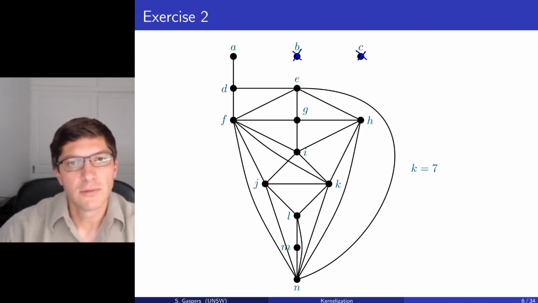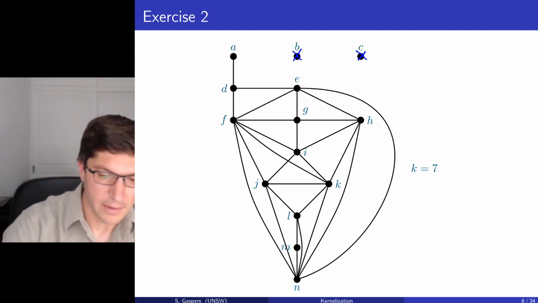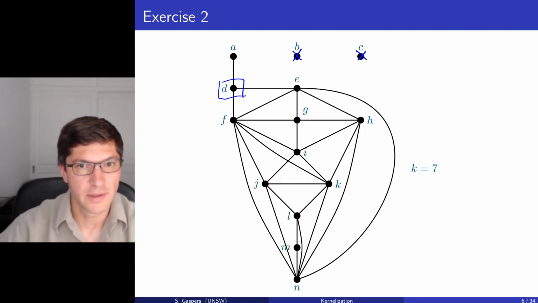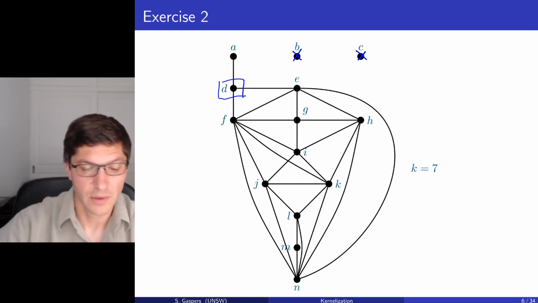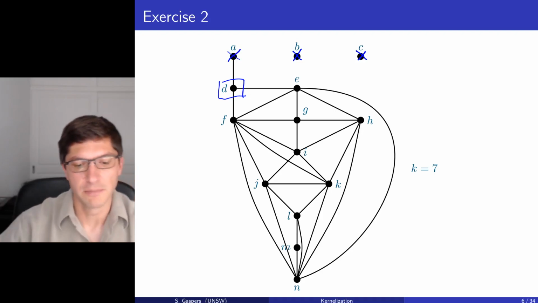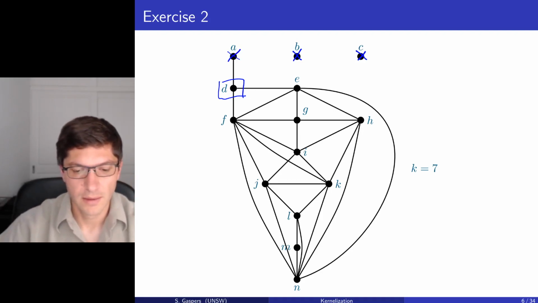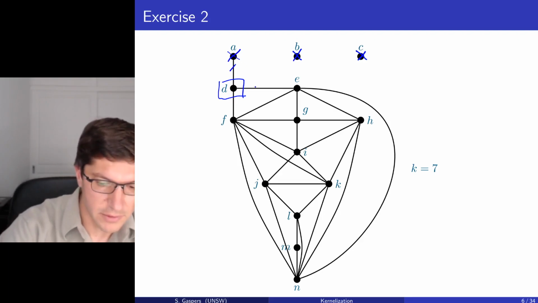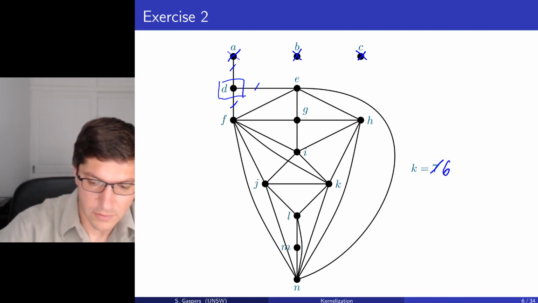Now we have this degree 1 vertex A, and again we reason that the vertex D covers all the edges that A covers and more. So we'll add D to the vertex cover, but not A. This covers some edges. k decreases to 6.